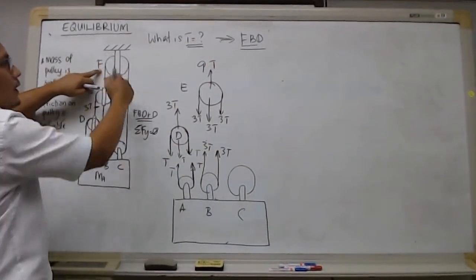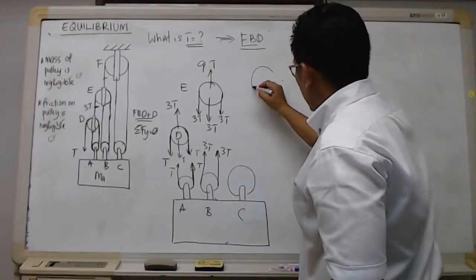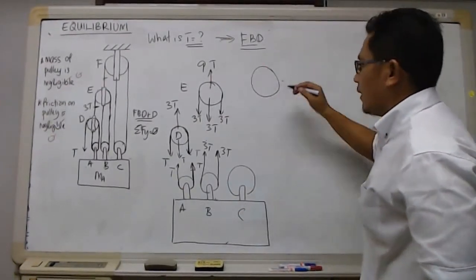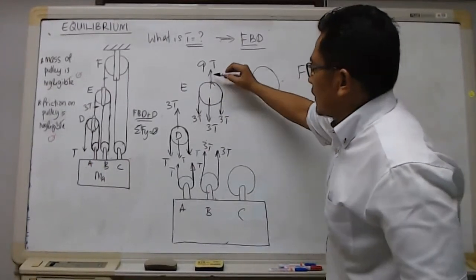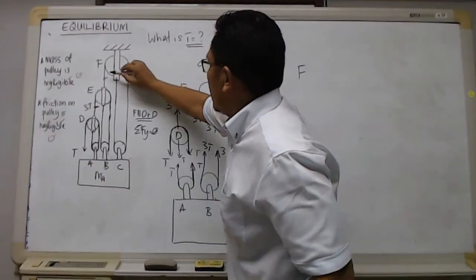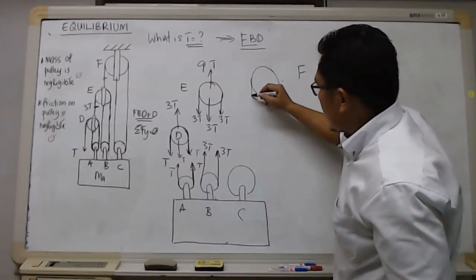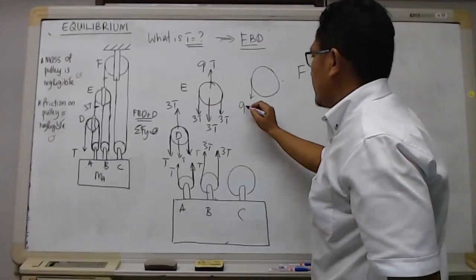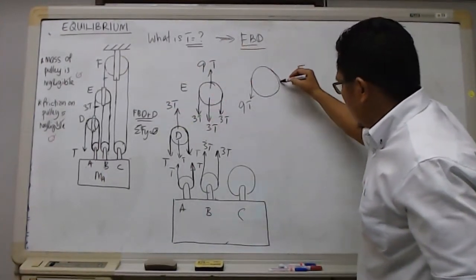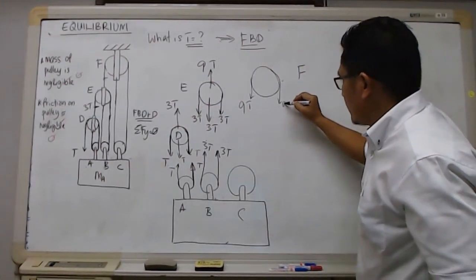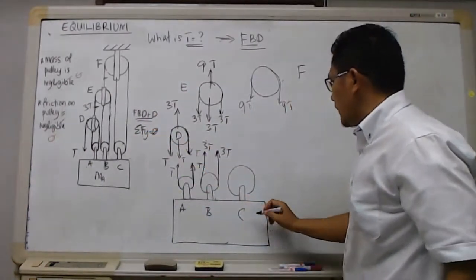Then we go to pulley F. We draw pulley F here. So this is 9T, and this is 9T, so 9T goes to here. And then the same cable here, you get 9T, and this cable goes to pulley C here.